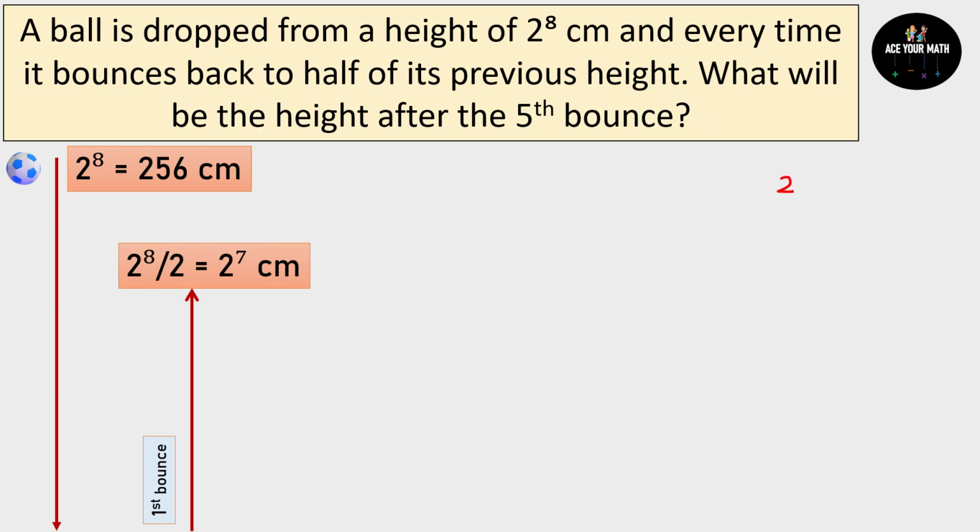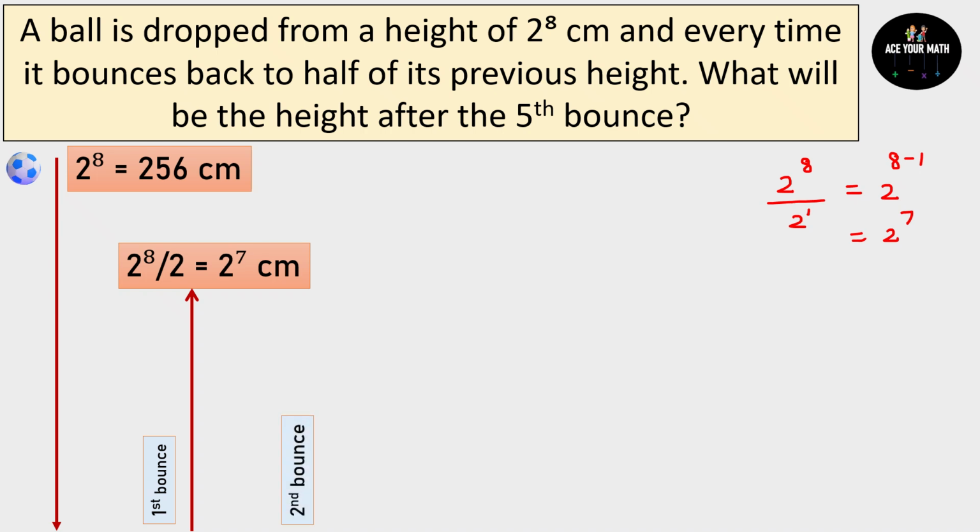So you will divide 2 raised to the power 8 by 2. Now how to solve it? This 2 has power 1, so you will take this 2 up. It will become 8 minus 1, since the power becomes negative when you take it up. So it will become 2 raised to the power 7. After the first bounce, it is 2 raised to the power 7.